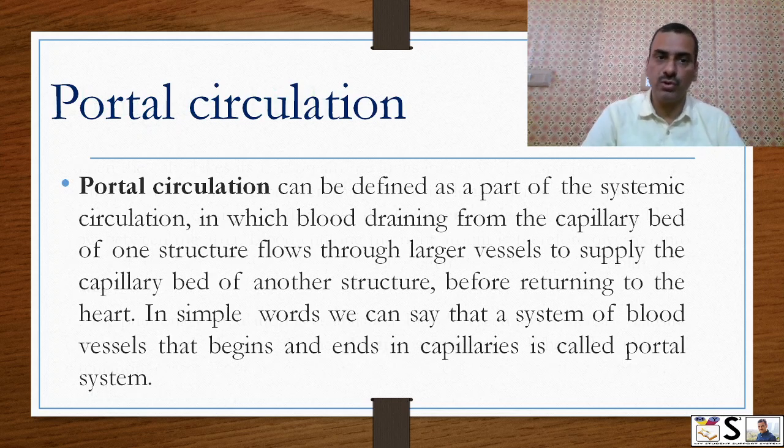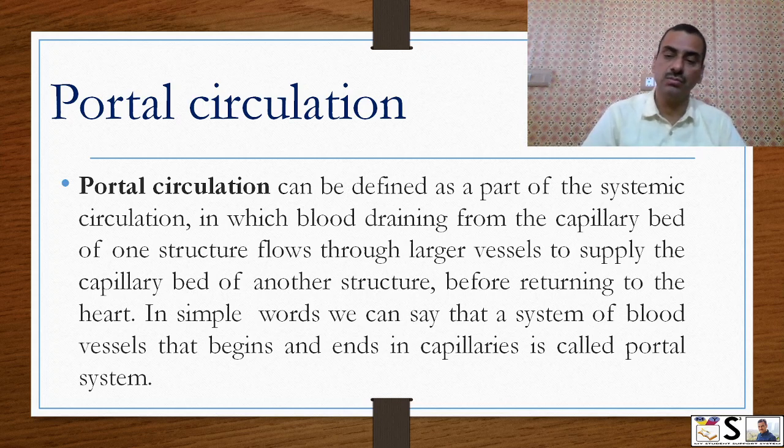Now we come to portal circulation. Portal circulation can be defined as a part of systemic circulation in which blood draining from the capillary bed of one structure flows through a larger vessel to supply the capillary bed of another structure before returning to the heart. In simple words, this is a system of blood vessels that begins and ends in capillaries.